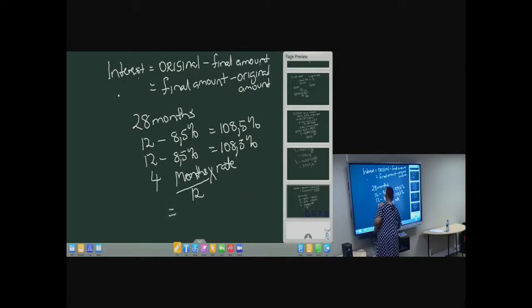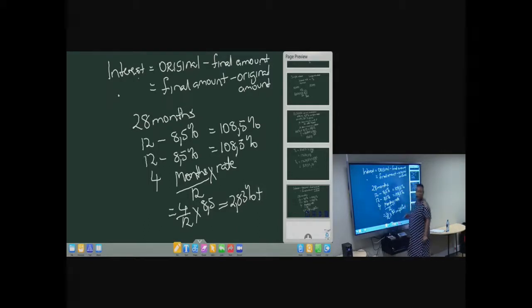Instead, you will use 4 over 12 multiplied by 8.5, and I think that will give you 2.83%. Then on the final year, because that's what you always miss, you normally forget that after you have calculated this rate, you continue with the same method.